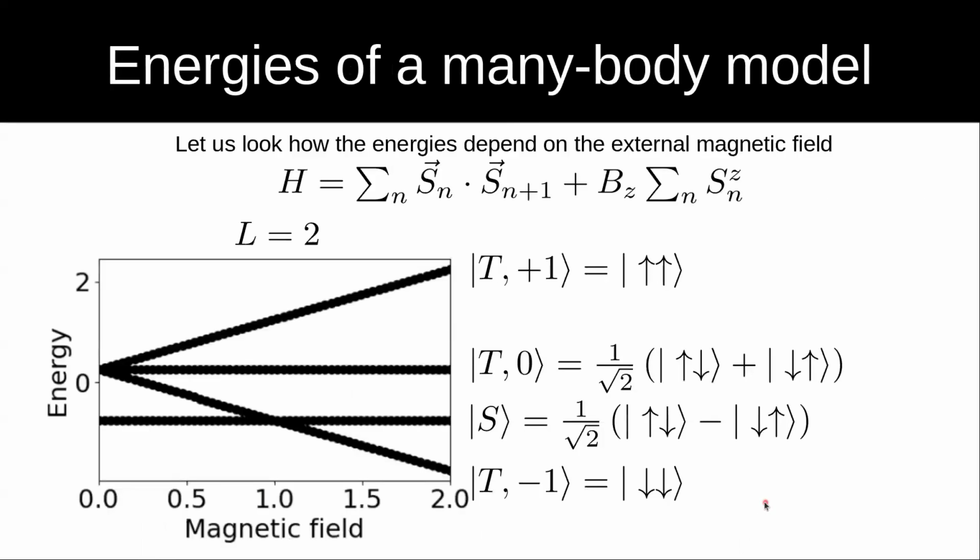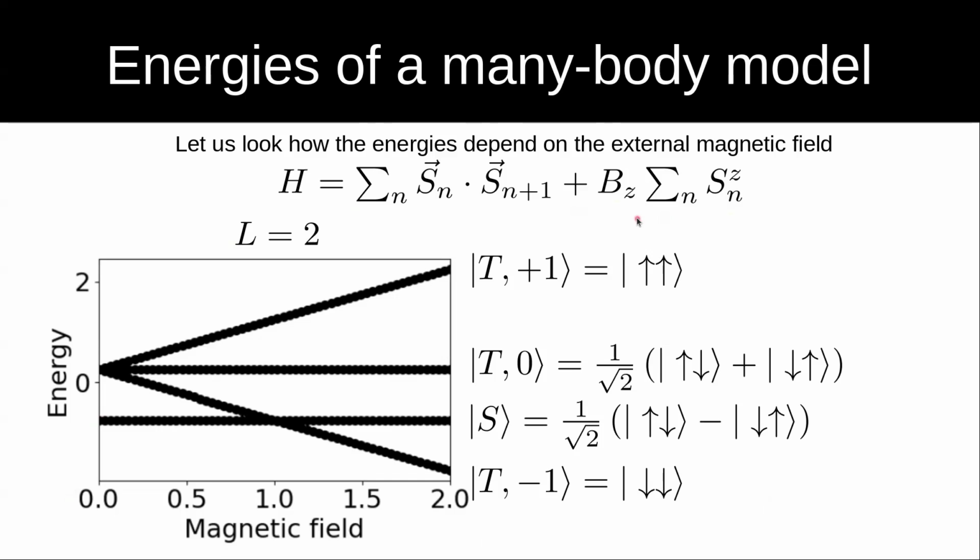Okay, now let us see how we can actually see signatures of those states directly by looking at the spectra. So here, what I'm plotting is how the many-body spectra of the Heisenberg dimer changes as you add an external magnetic field, a magnetic field that affects all the spins.